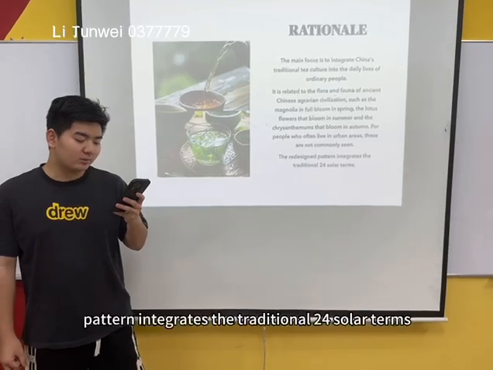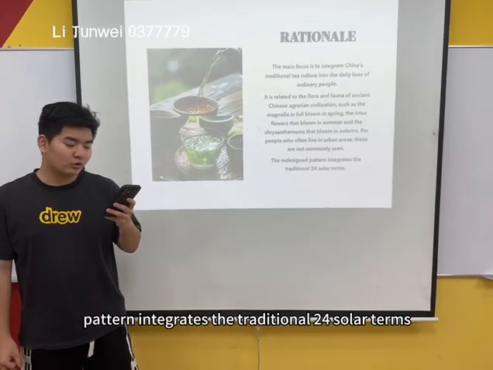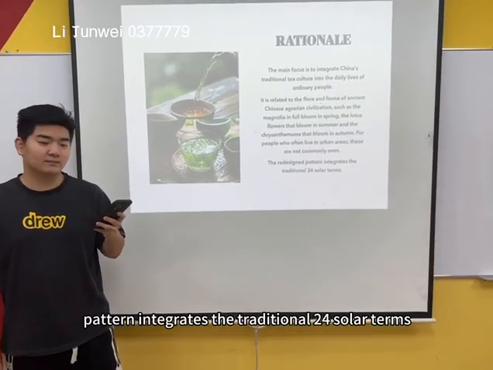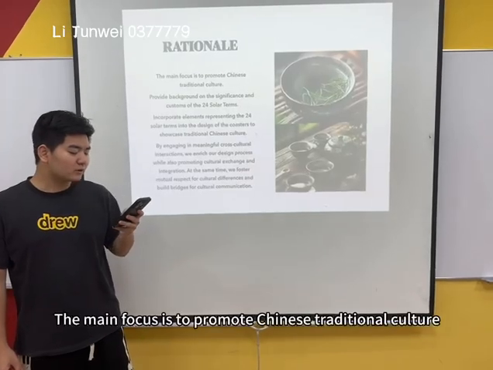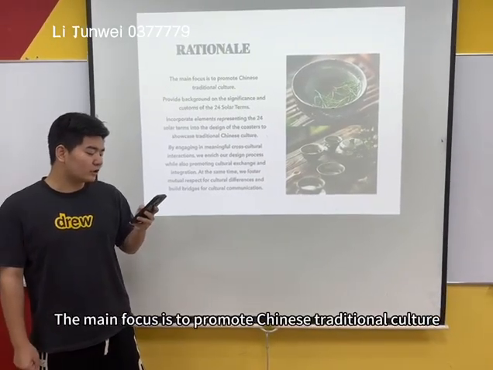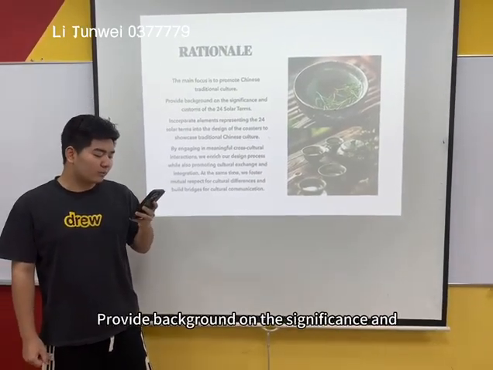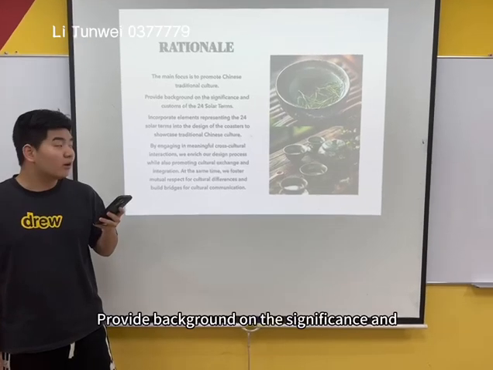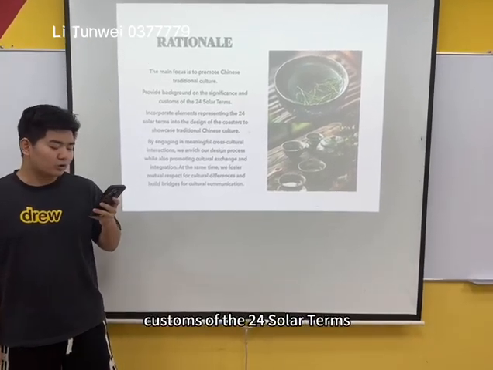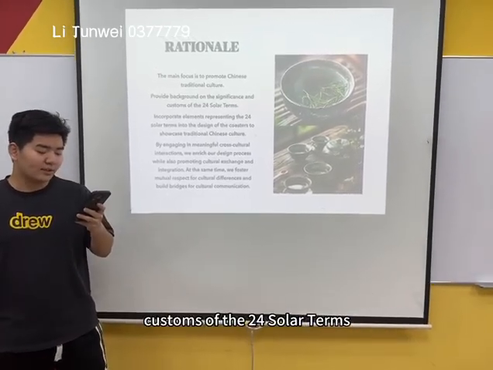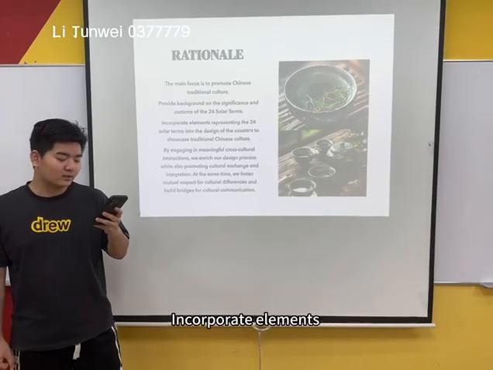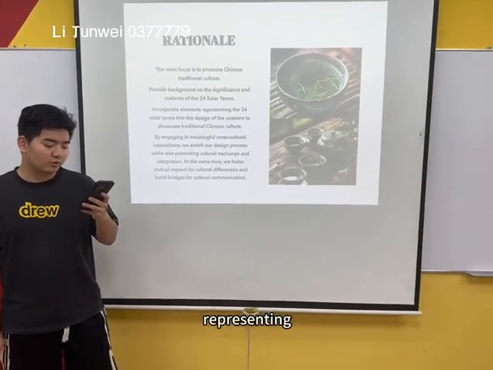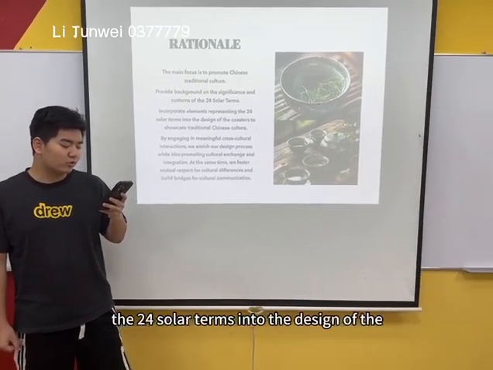This design integrates the traditional 24 solar terms. The main goal is to promote Chinese traditional culture, creating the background on the theme, form, and the culture of the 24 solar terms.